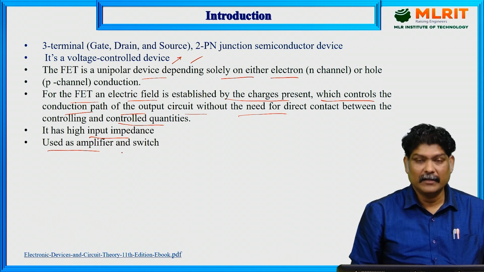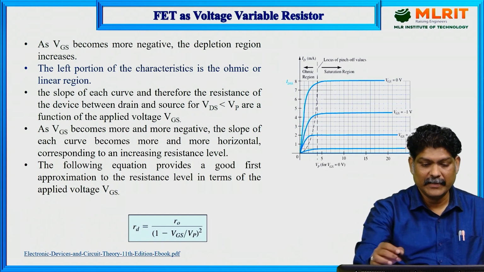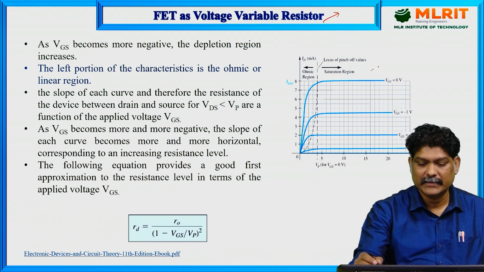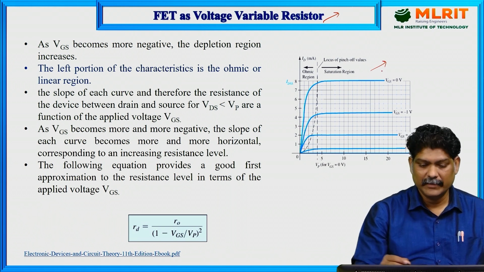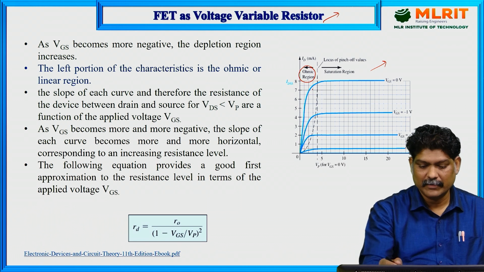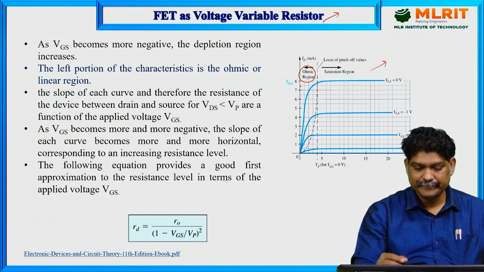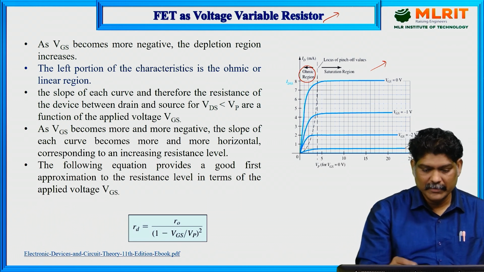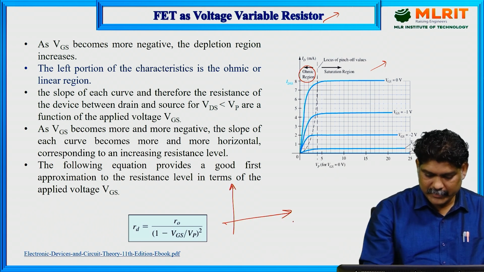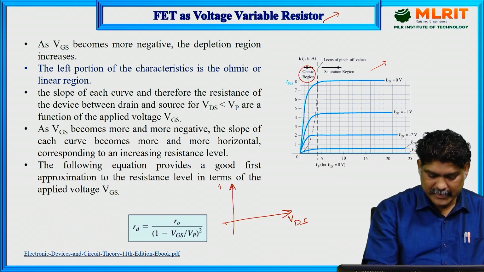So let us see the first one, that is FET as a voltage variable resistor. If you see the characteristics of FET, the left part is the ohmic region. Let us draw clearly. Here VDS and this is ID.